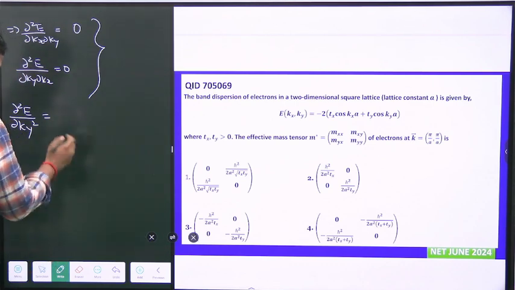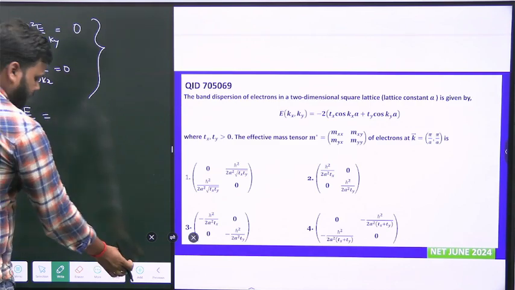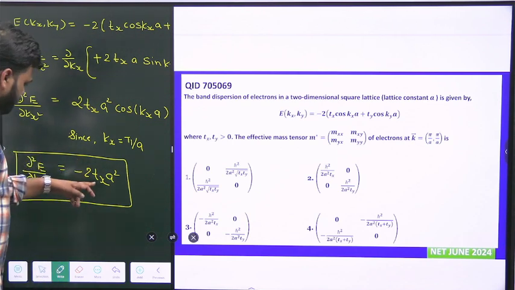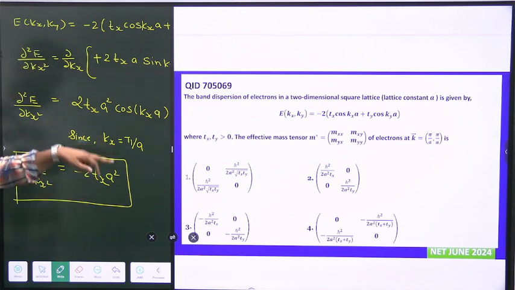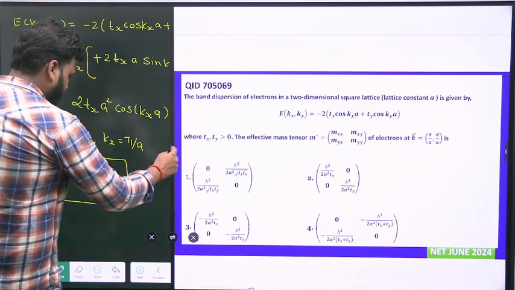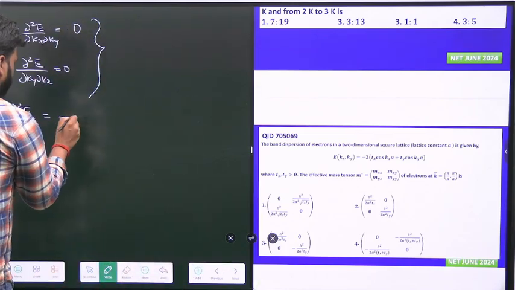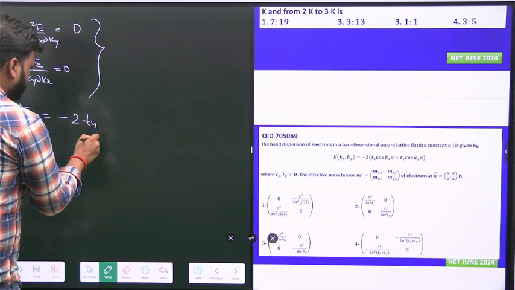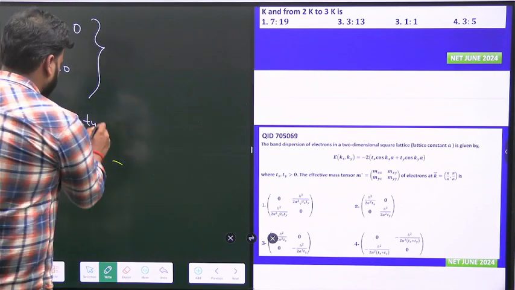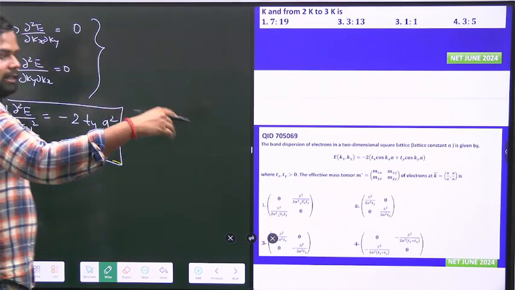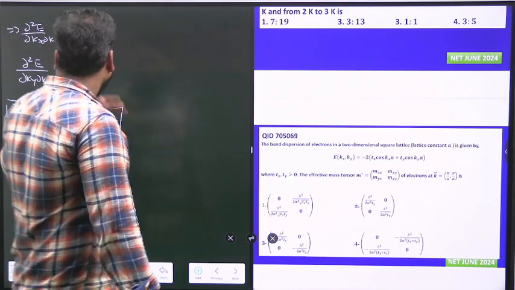So one thing will change: in the place of tx, you will get ty, right? So your value will be minus 2 ty a square. This you will get particularly at pi by a and pi by a. So all the 4 values we have.